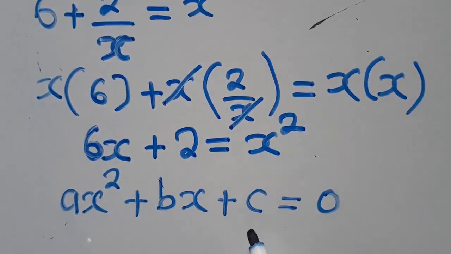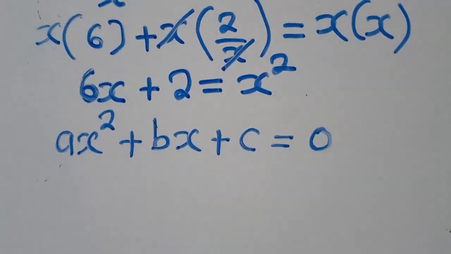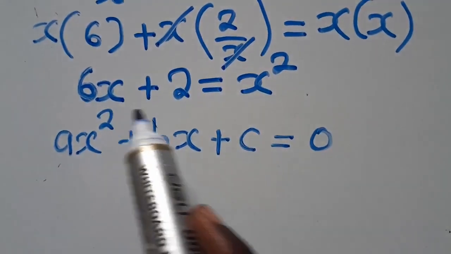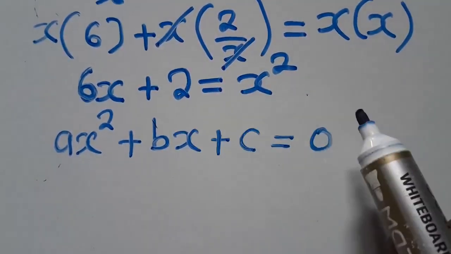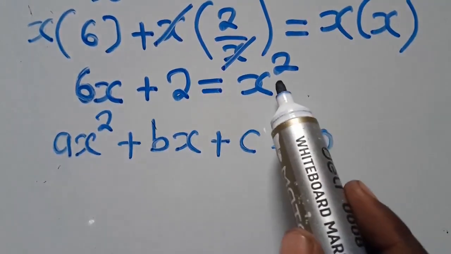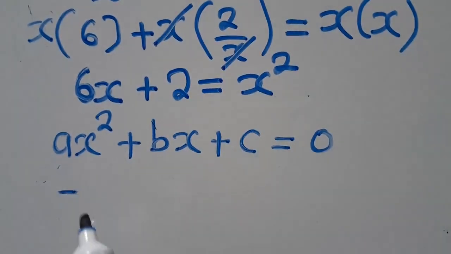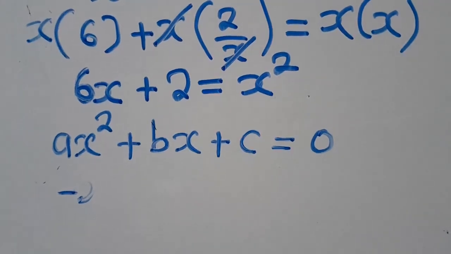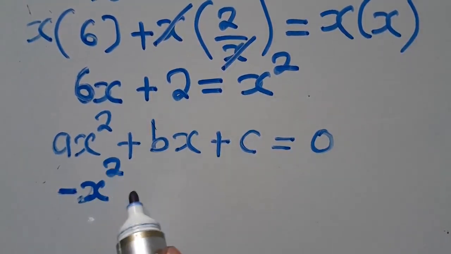So now, what you need to do is that the term with x squared should start. Since it is on the other side of the equation, it comes to this side and becomes negative x squared.